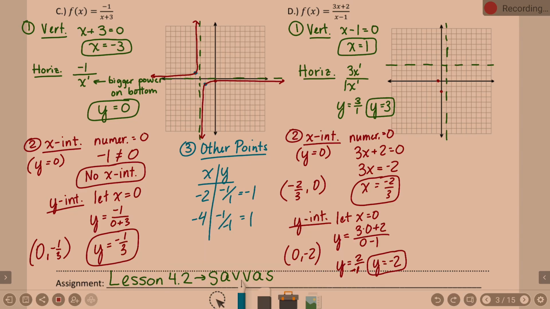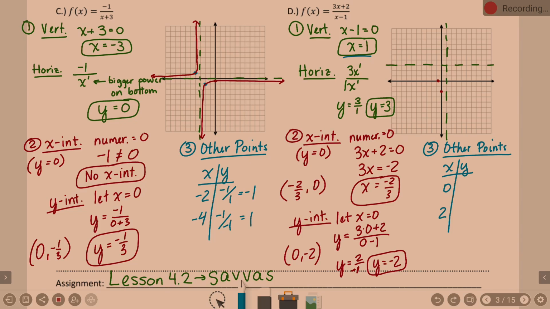Or if you want some other points to confirm, what kind of points am I going to pick? Points on either side of my vertical asymptote, yes? Now, my vertical asymptote is 1. So my points on either side of 1 are 0 and 2. In this scenario, though, don't we already know 0?